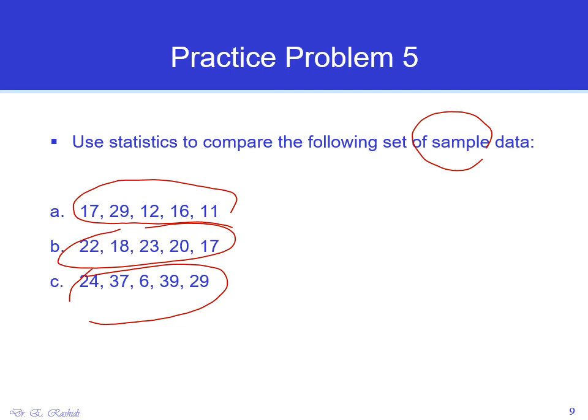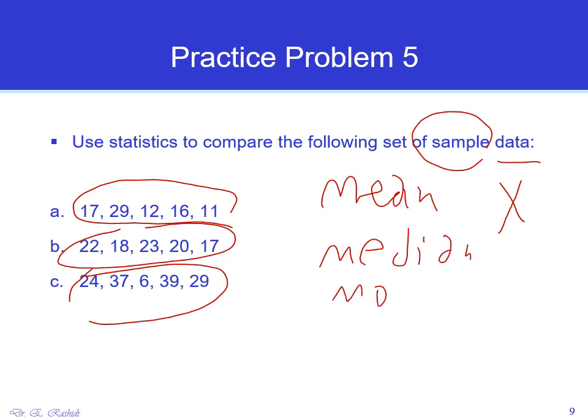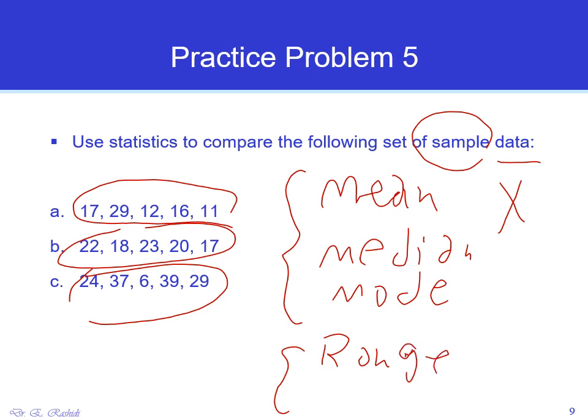Okay, so what you need to do is compute the mean, which is x bar for a sample, the median, the mode. These are the central tendency measures. And also you have to compute the range and the standard deviation S and S squared, and compare these sets of data.